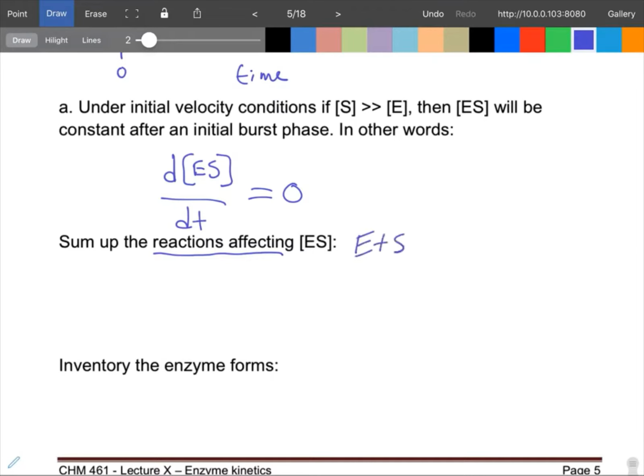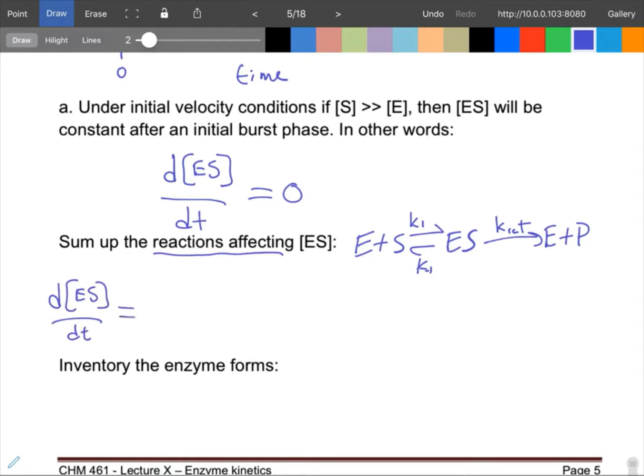E plus S make the enzyme substrate complex via k1 and k minus 1, and produce the enzyme and product via kcat. So we want to explore what's going on with the enzyme substrate complex and ask how does its concentration change over time. So we want to ask d[ES]/dt.